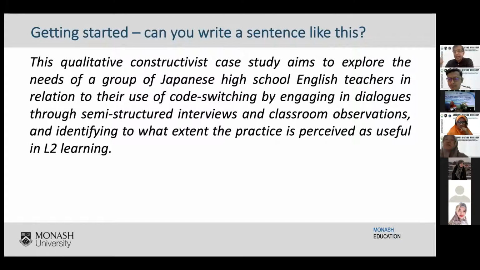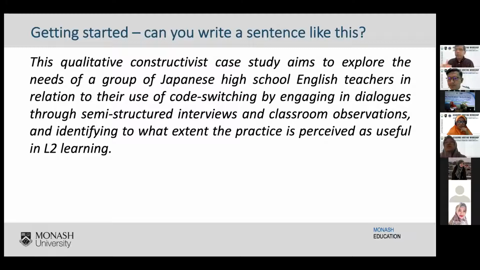I mean, if I ask you to paraphrase this sentence using two or three or four sentences, everyone in this room can do it. So the challenges are two things. One is packing everything in one sentence, and the other one is the mechanics of the grammar.